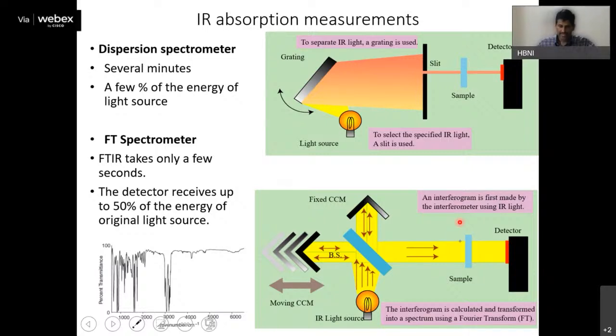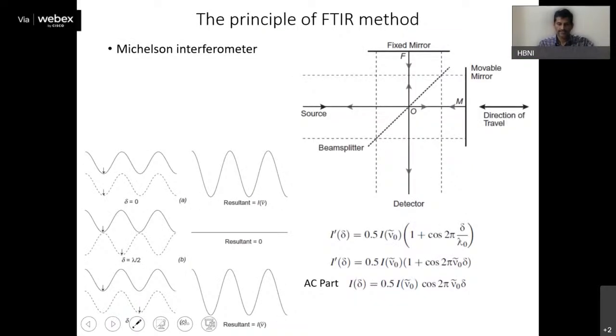So let's go into slightly more detail on the FTIR system. How does this work? If you have a monochromatic wave coming this way, and you have a partial wave reflected in this direction and this direction, then depending upon the path difference that we denote by delta, if the path difference is 0, you will get constructive interference.